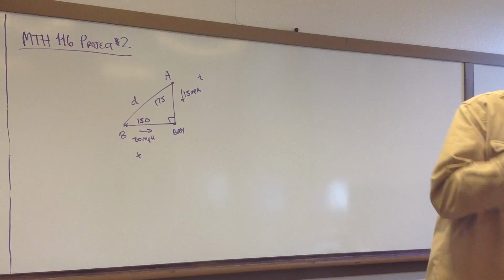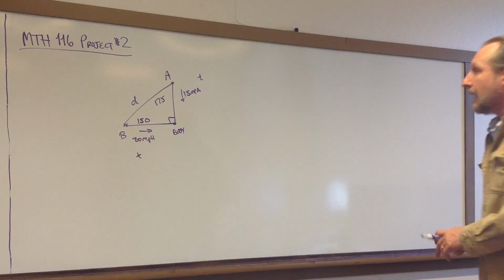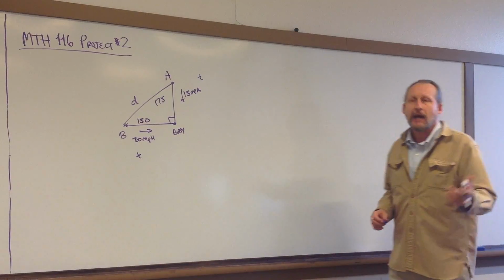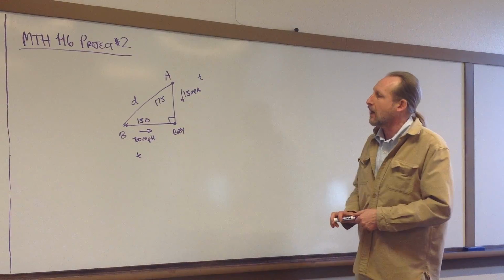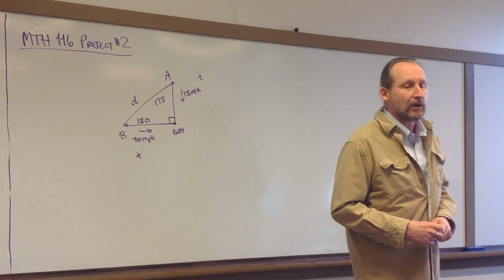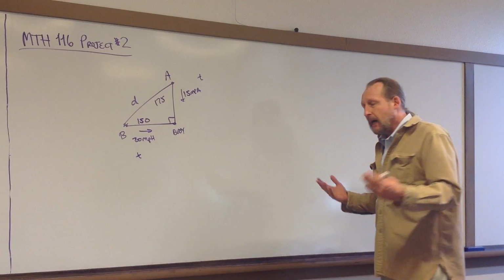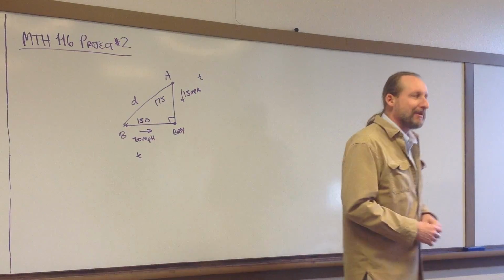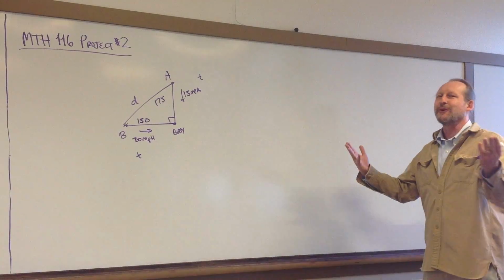Sometimes people want to set this up on a coordinate axes. If you do that, be very clear about how the coordinate axes are set up and what the coordinates of those ships are on your coordinate axes. I don't really see the need to set it up that way, but that's the beautiful thing about math, it's not wrong.